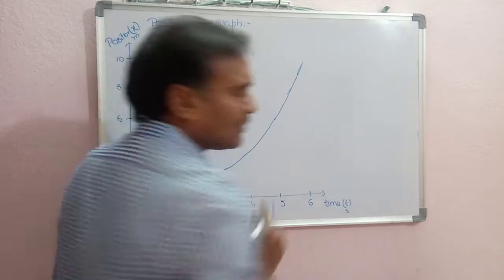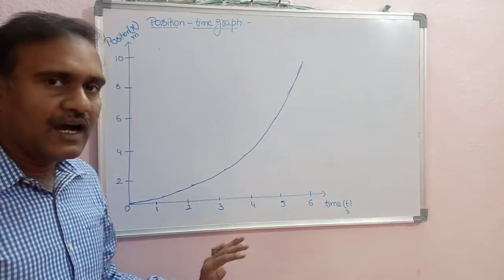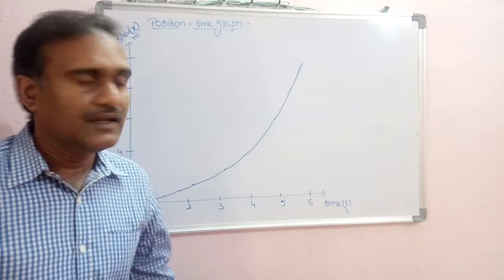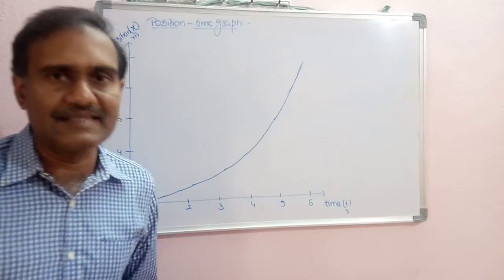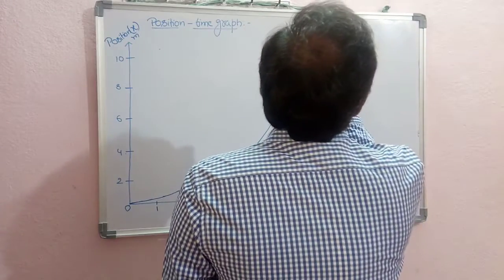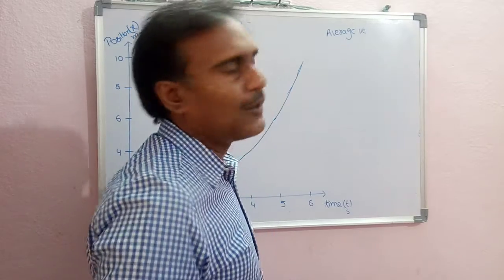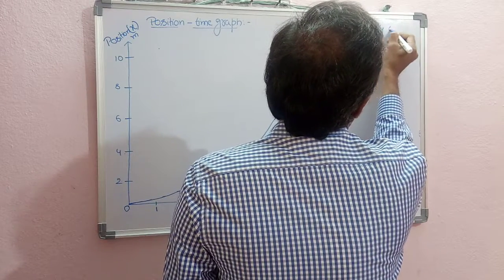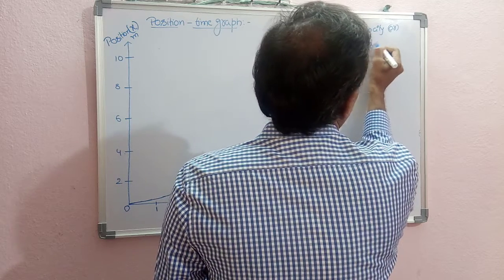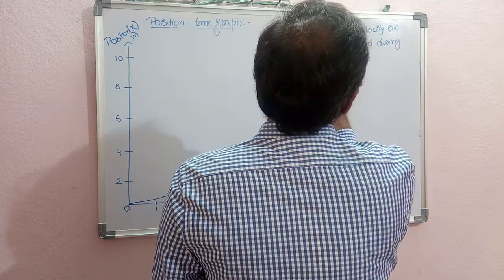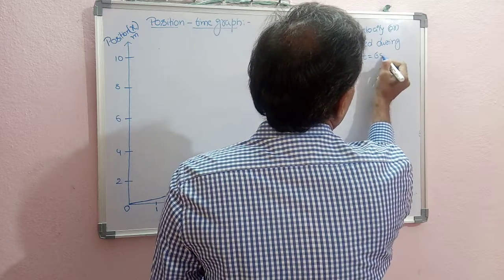Okay, by using this graph, we want to calculate average speed or magnitude of average velocity during the time interval t is equal to 1 second to t is equal to 6 seconds.